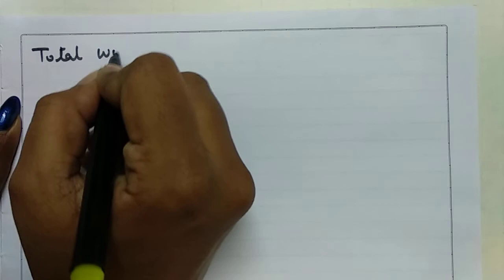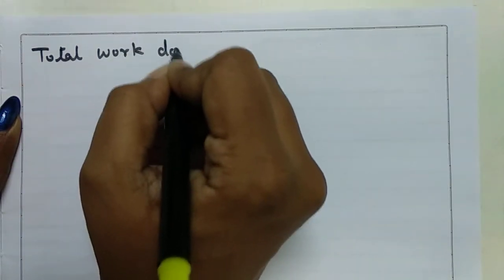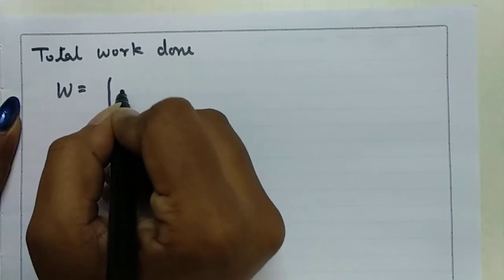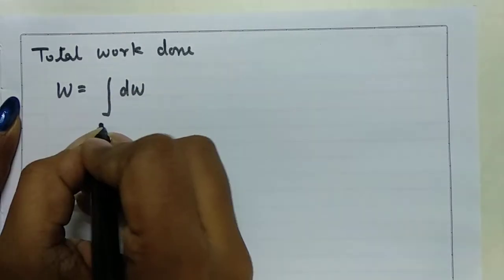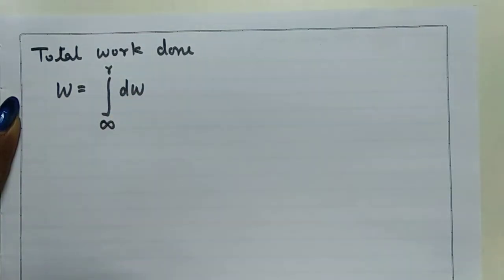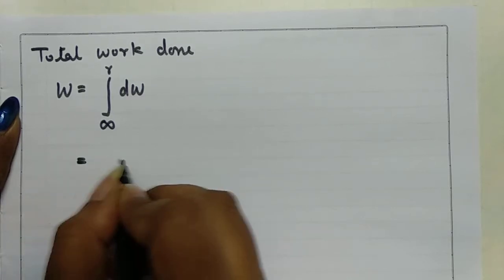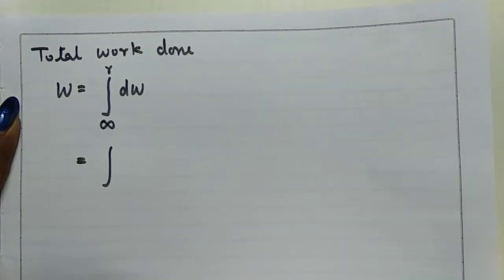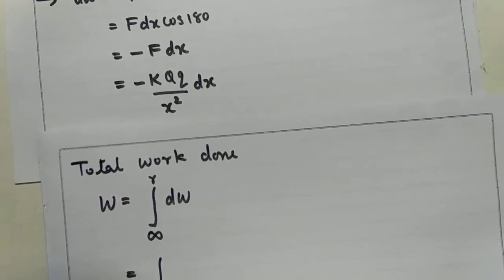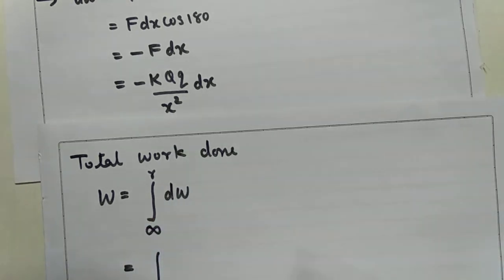The total work done is W, equal to the integration of dW, and the limits will be from infinity to r. Now here I'll substitute the value of dW. Just see from here, this was the value of dW.